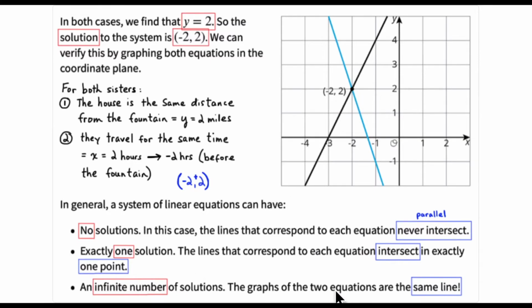And finally, if it's two different equations for the same line, basically it's the same equation, same line, there will be an infinite number of solutions. Whatever you choose for x for one equation, you're going to get the same value of y for both equations. So x and y will be the same, whatever you choose.